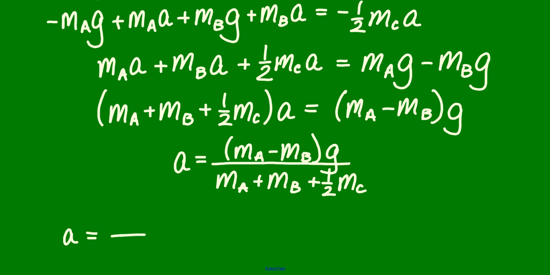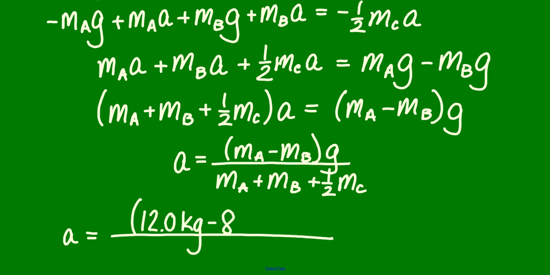Here's what I get when I plug some numbers in. I'm told that MA is 12 kilograms and MB is 8.5. I have 12 kilograms minus 8.5 kilograms. And we know that g is 9.8 meters per second squared.